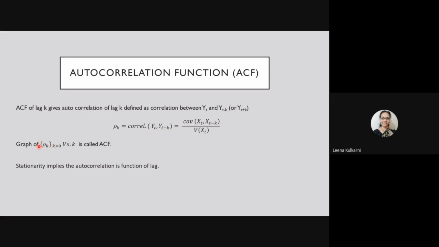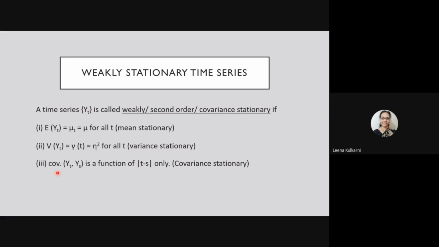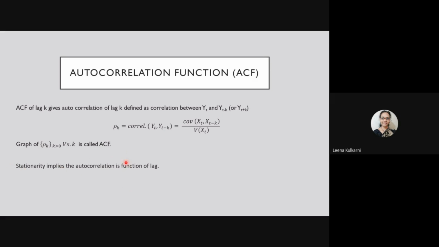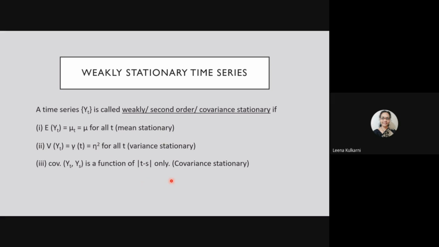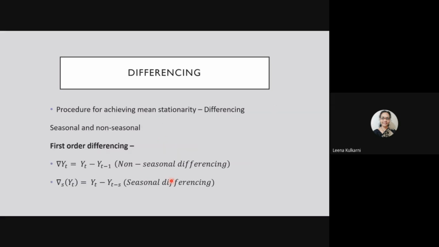And if you plot the graph of rho k versus k, it is called the autocorrelation function. Okay, and if we have a stationary series, since the covariance is a function of the lag alone, stationarity implies that autocorrelation is also a function of lag. And this is the basic requirement when we go ahead with the Box-Jenkins methodology.